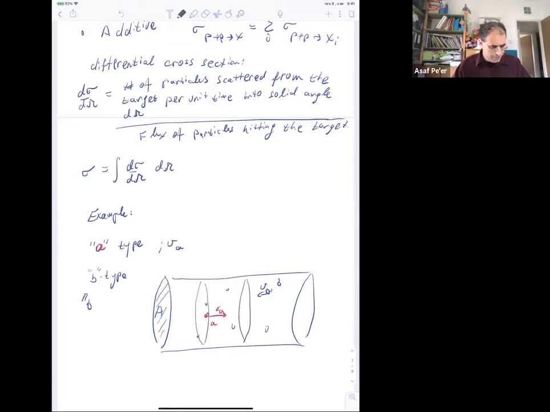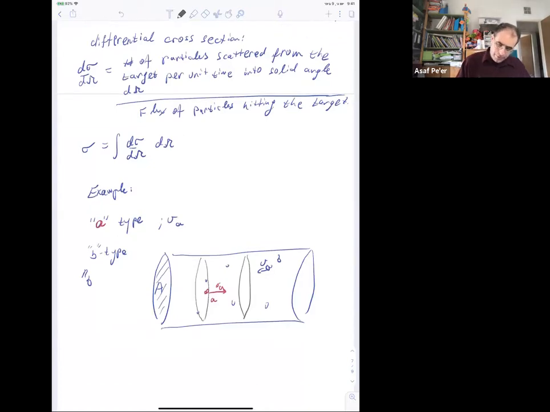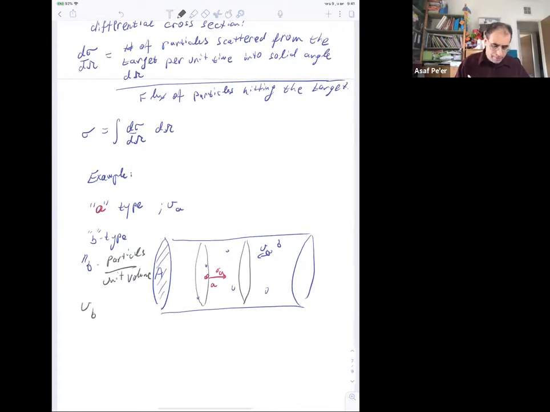There are NB type B particles per unit volume, and they all move at velocity VB in the opposite direction.